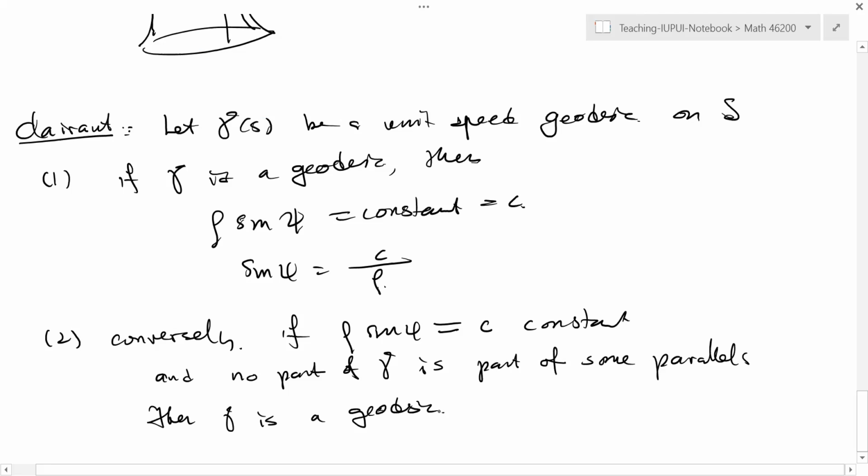Now, if gamma is part of a parallel, it is already a geodesic, right? So when and under which condition?